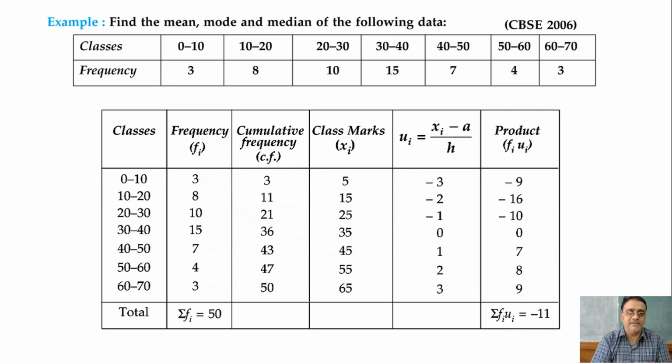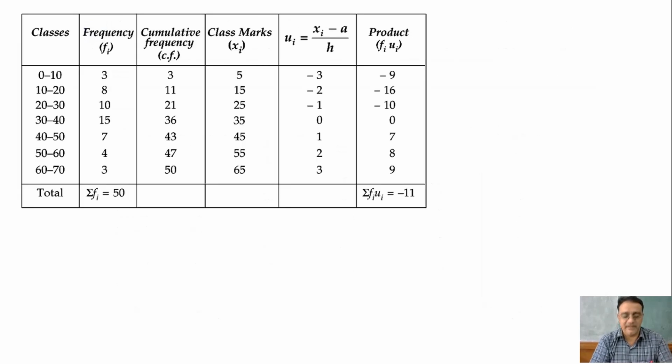Now this table we will use for all three measures of central tendency, that is mean, mode and median. So let us start with mean. In mean, A we took 35 and H is 10.